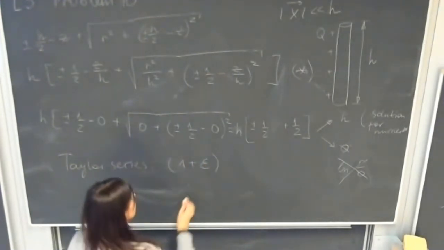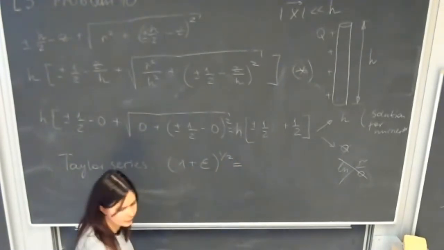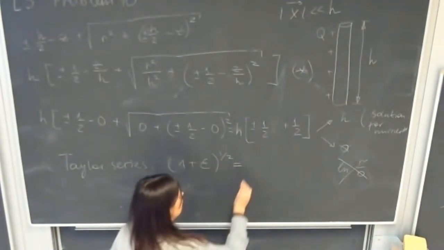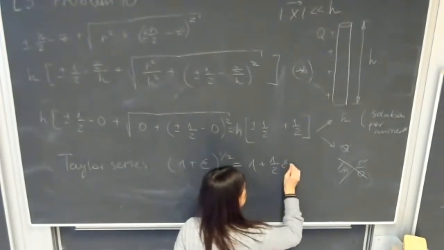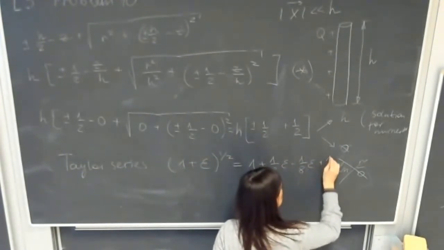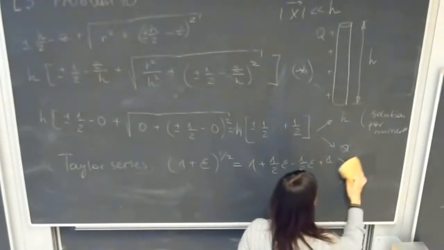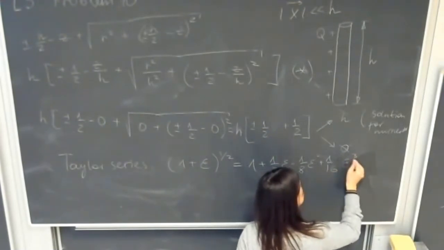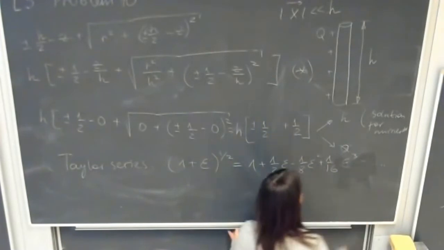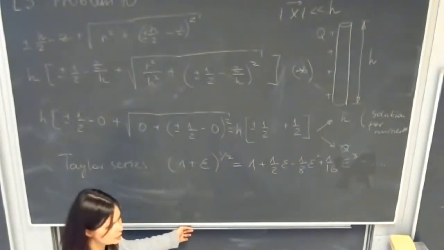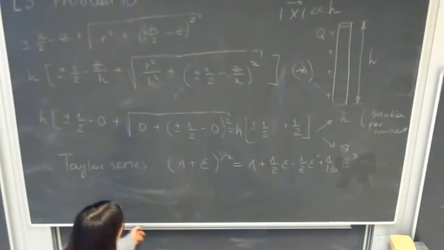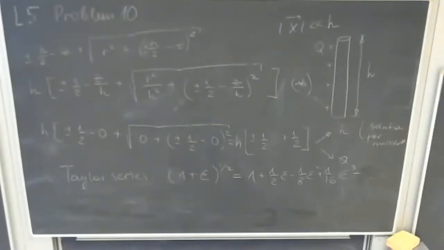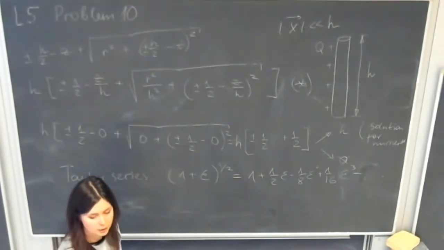One plus epsilon root of... So that's the Taylor series I will use. And so using this Taylor series, we can simplify the expression for the denominator.